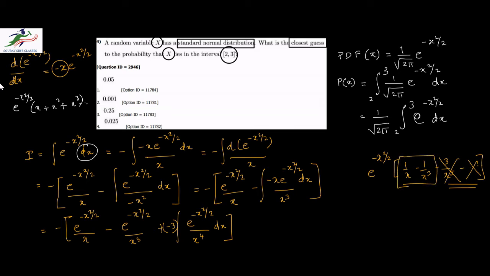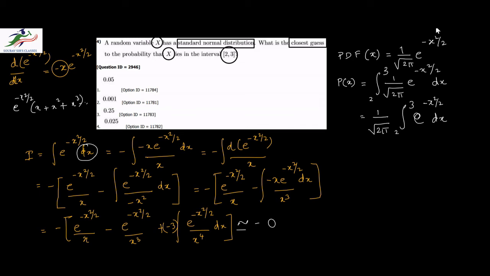So this can be approximated as minus of e to the power minus x square by 2 over x into 1 minus 1 by x square, ignoring all other terms.